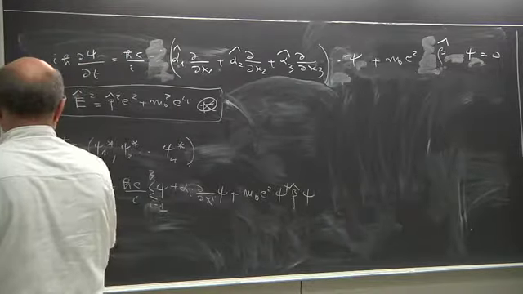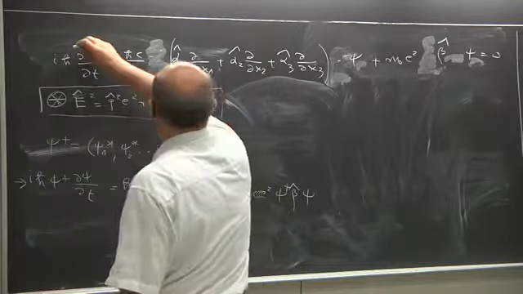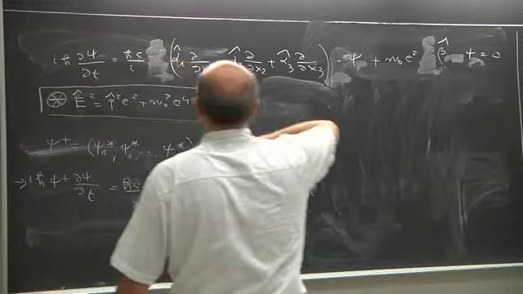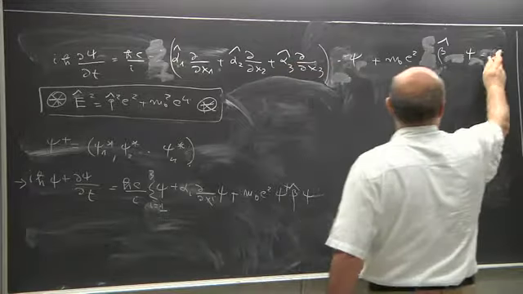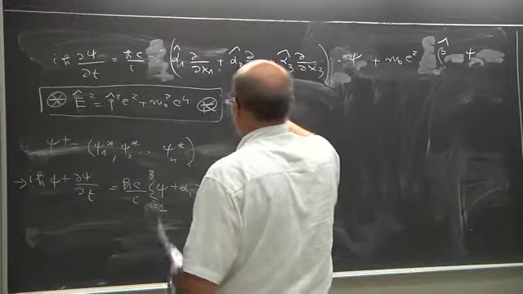First. Second, let's do the Hermitian conjugate of this. This is the Dirac equation, which is equal to 0. So let's do the Hermitian conjugate of this.